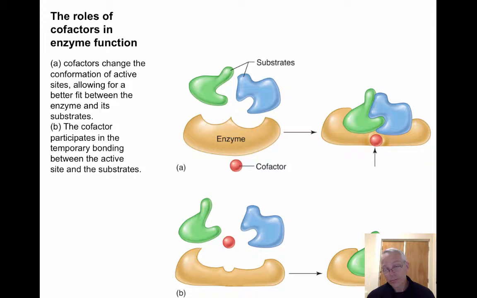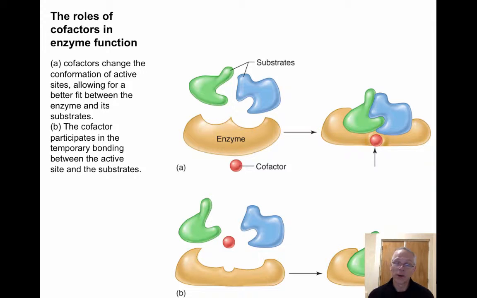Cofactors are things that for certain enzymes must be bound for them to be active. So this is showing you in general an enzyme in part A that has not bound its cofactor, and so the substrates are not bound.